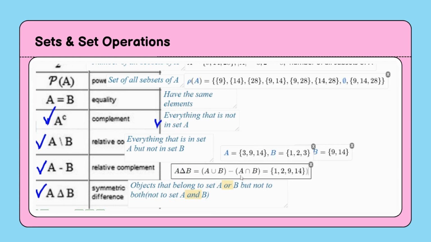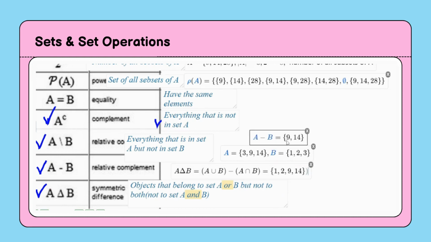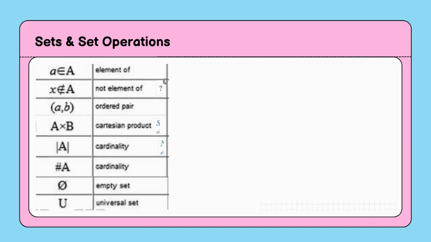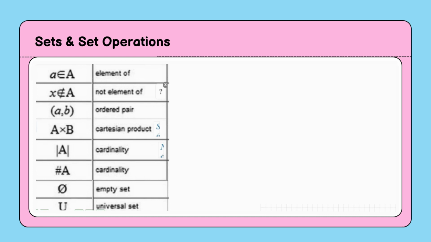This little triangle is called delta. You can write A or B, so A union B minus, which is but not to, A intersection of B. So they belong to set A or B, but not to their intersection. You can see the examples here with set A and set B.